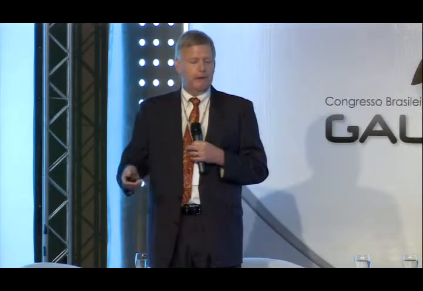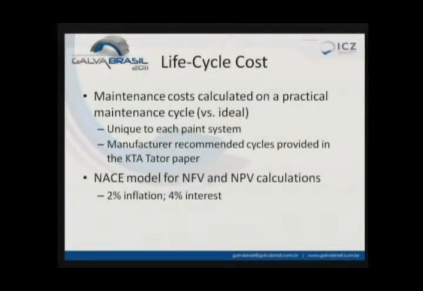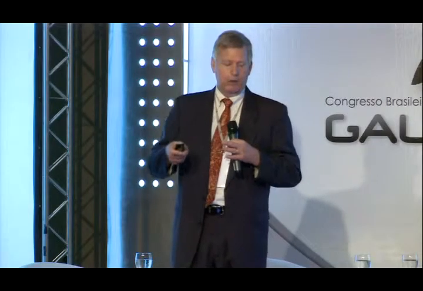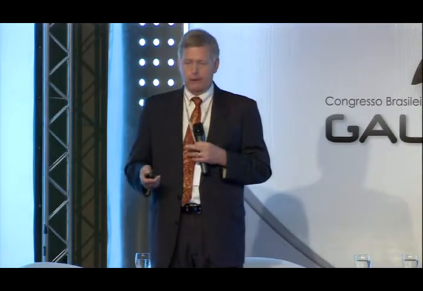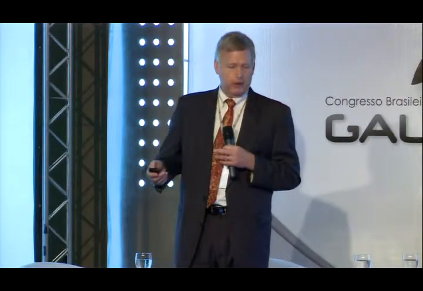As we then go to the life cycle cost, of course you must look at each paint system. We look at the KTA Tador survey. We use 2% for inflation. Again, it's US dollars. 4% is interest, financial interest. So again, it's based on the American assumptions. Of course, the calculator allows you to change the net future value and net present value calculations, so you have a real number for the life cycle cost.